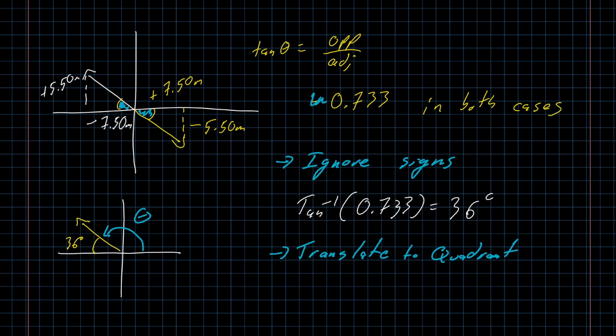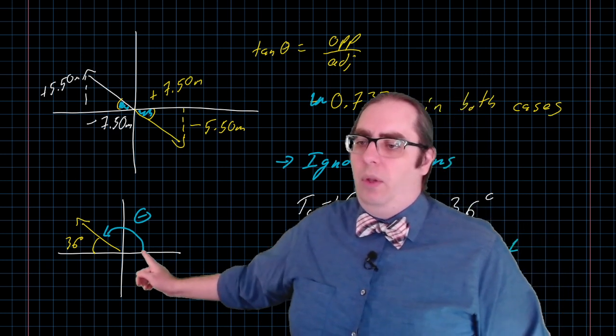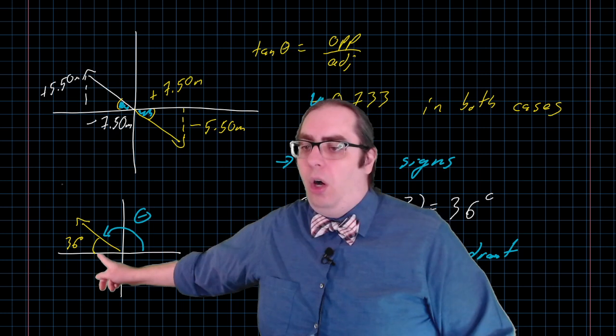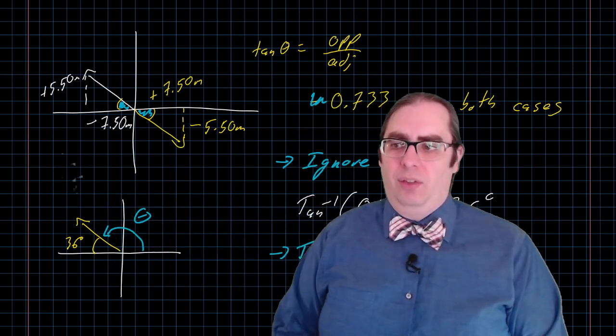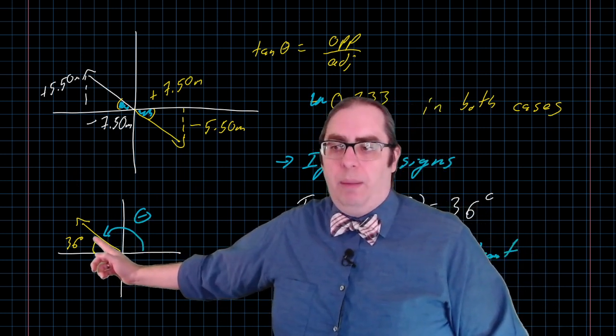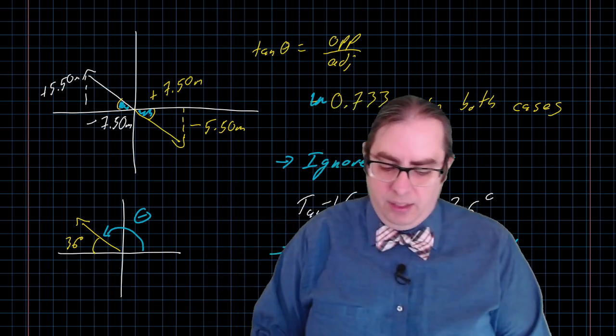And if you stop and think about things, remember that the distance halfway around the circle, from the positive x-axis all the way to the negative x-axis, is 180 degrees. We tried to go that whole distance, and then we got stopped 36 degrees before we reached the end of the line.